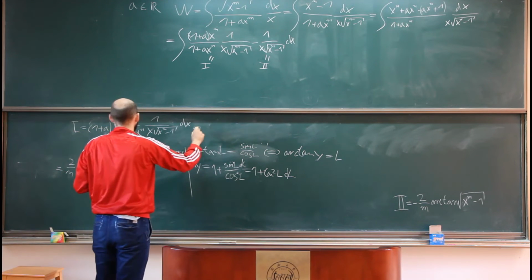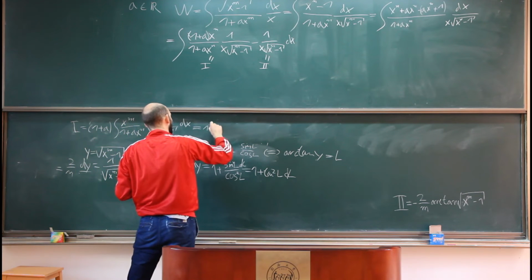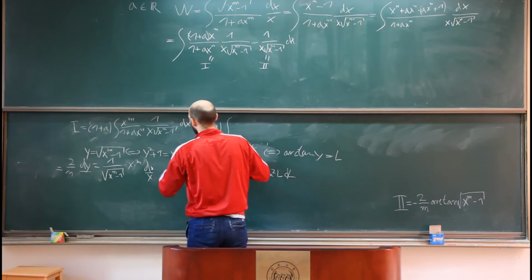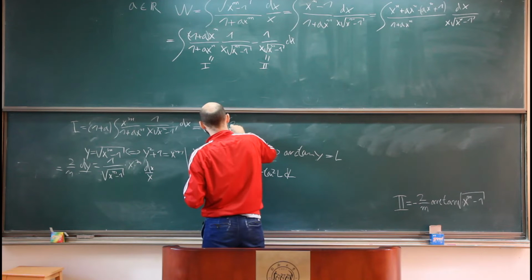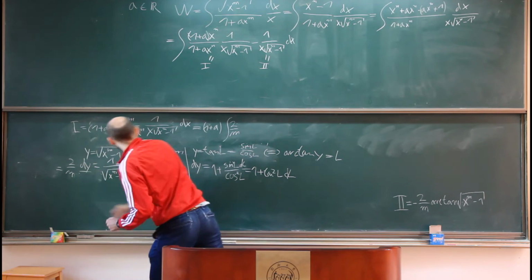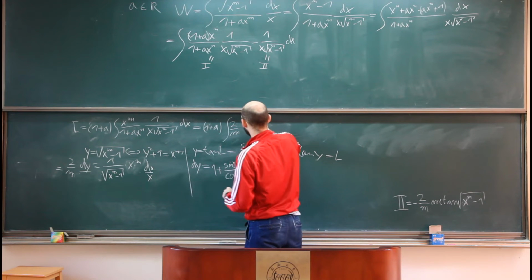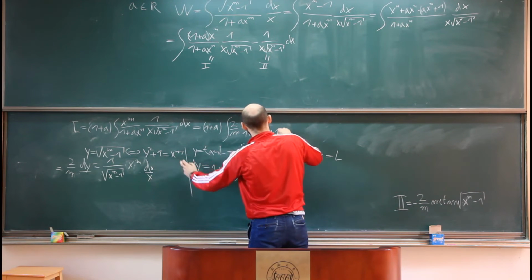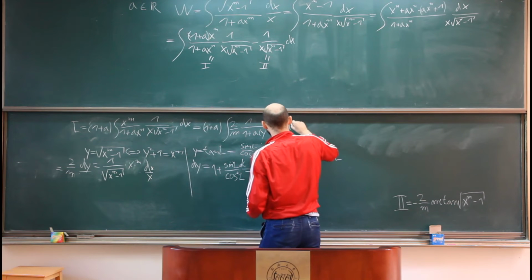So it's pretty similar. I get 1 plus a. So this whole thing is going to cancel out, and we're just going to have 2 over m, and then I'm going to have 1 plus a, and now y squared plus 1 dy.